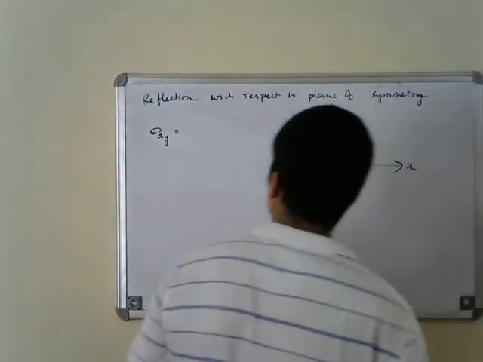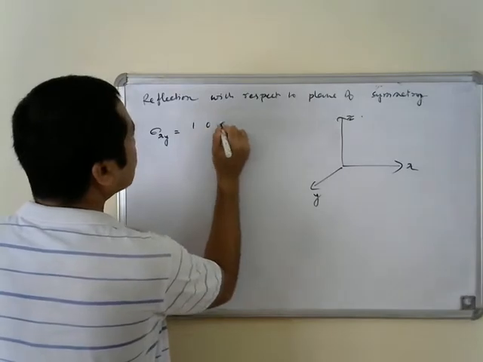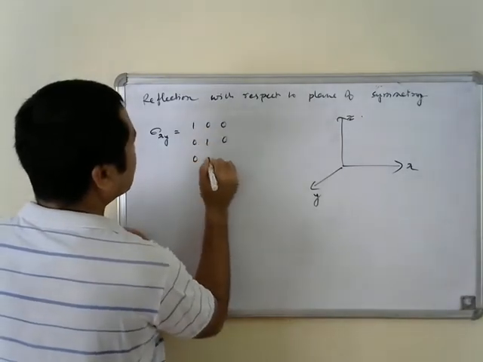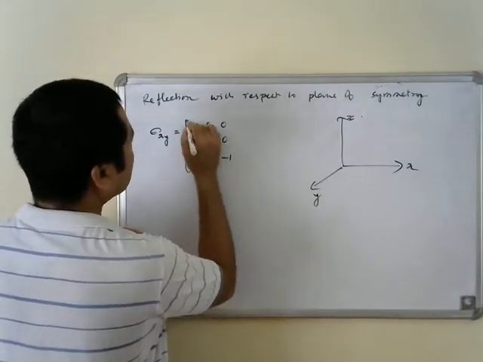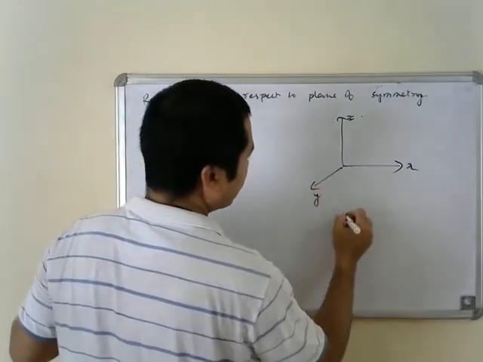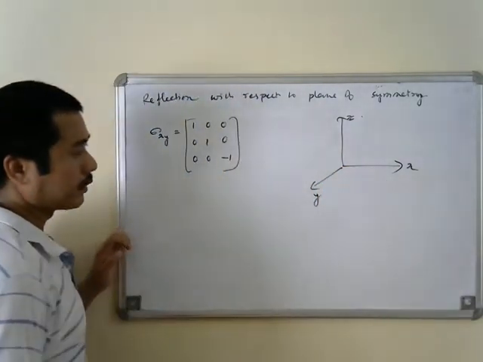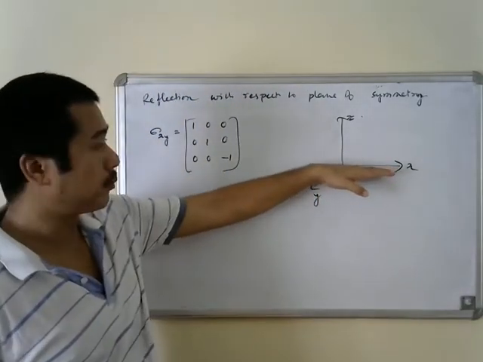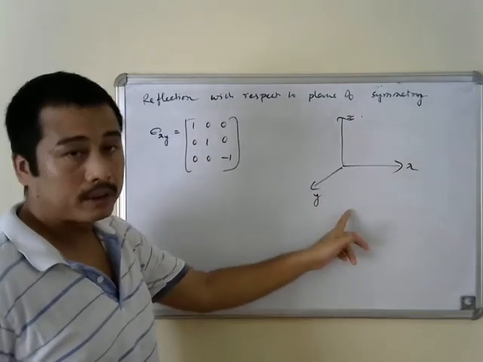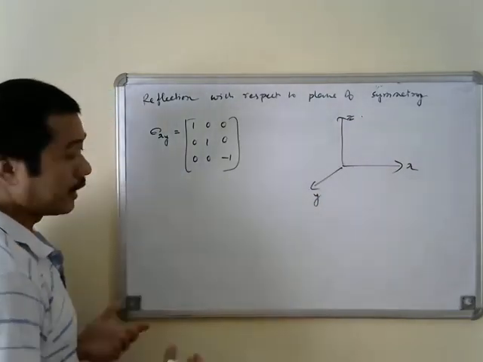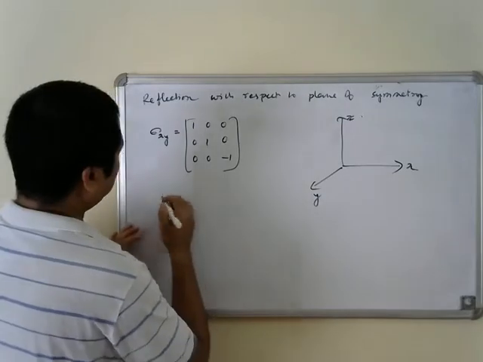x and y coordinates will not change. So 1, 0, 0; 0, 1, 0; 0, 0, minus 1, because z goes to minus z when you do a reflection with respect to the xy plane, which is perpendicular to the plane of this board. So z will go to minus z, while x and y remain where they are.